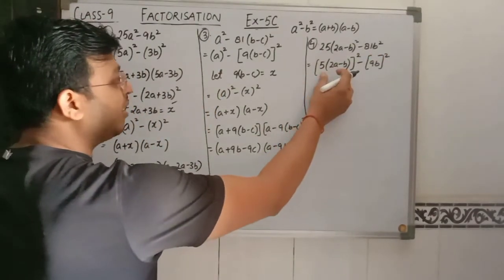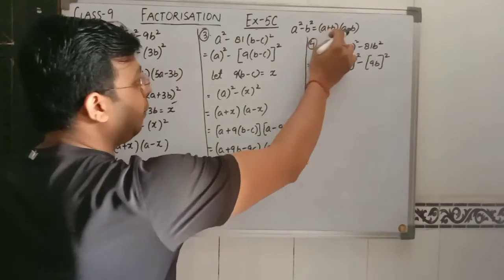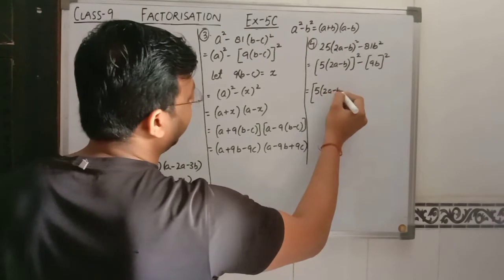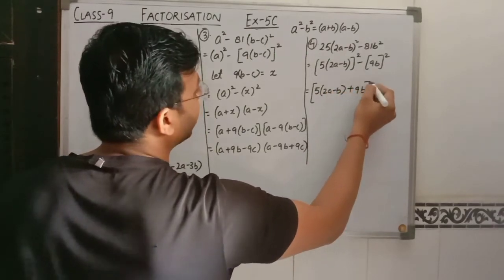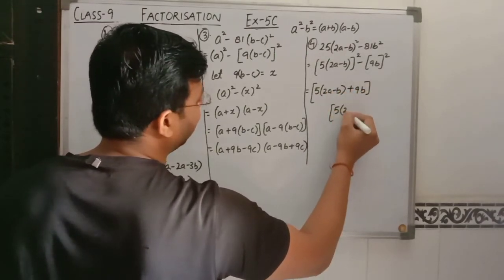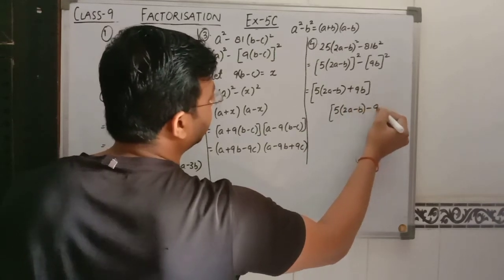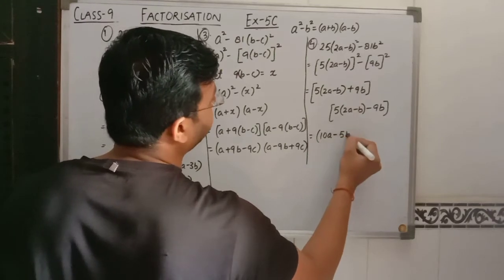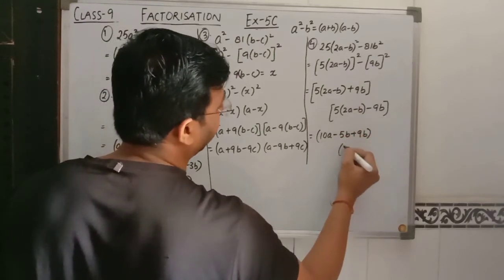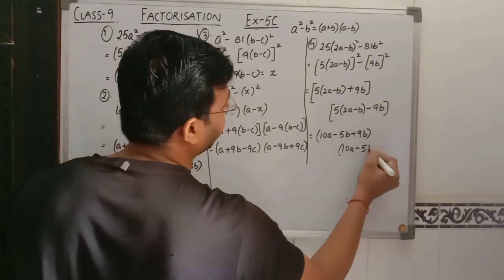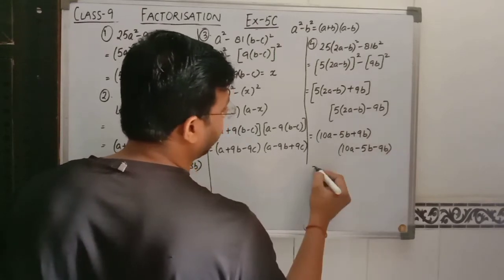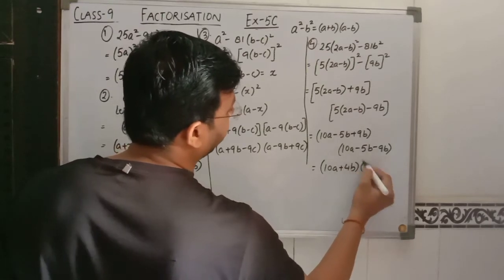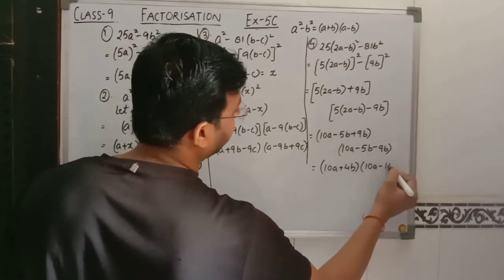Now this complete term can act as a, so a plus b in the first bracket, and in the second bracket a minus b. Now open them. It will become 10a minus 5b plus 9b in the first bracket, and 10a minus 5b minus 9b in the second bracket. So it will become (10a plus 4b) and after that (10a minus 14b).